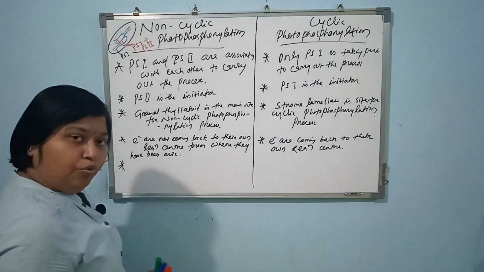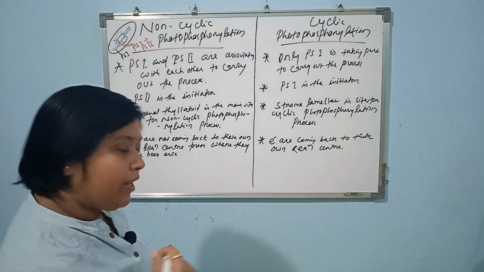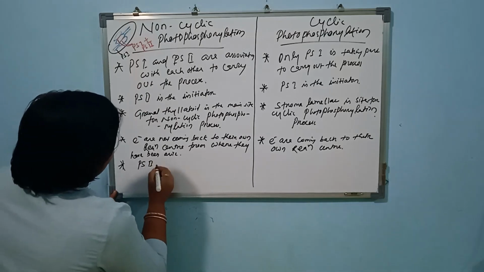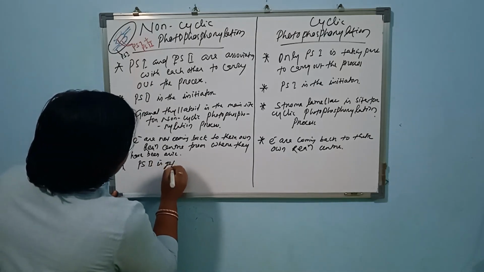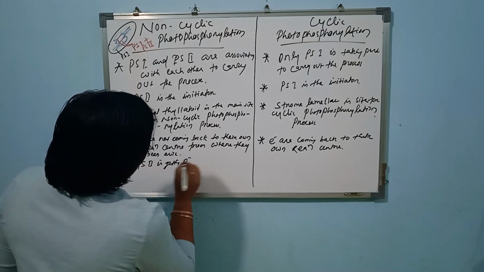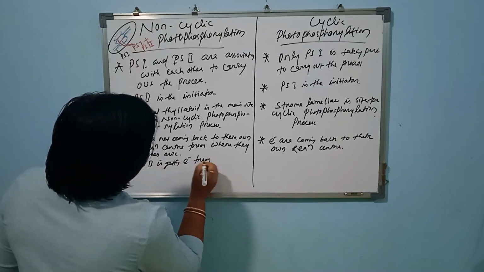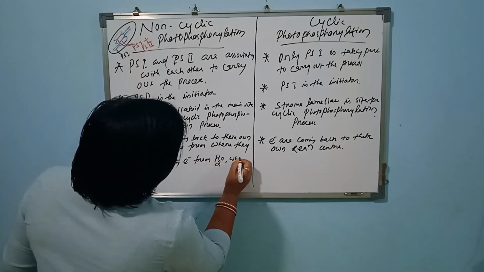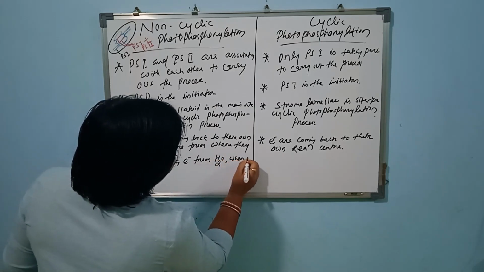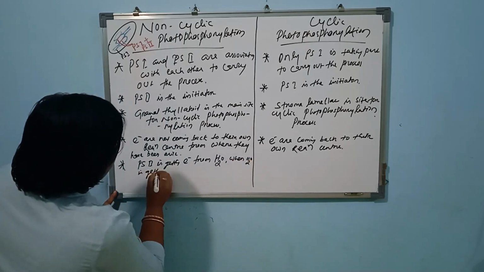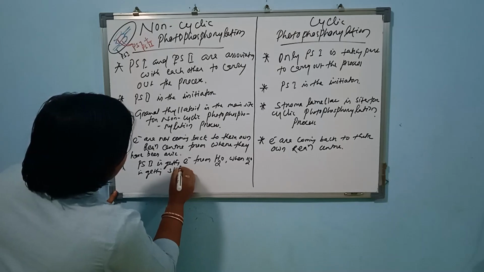Pigment system 2 gets those electrons from water, or you can say absorbs electrons from water, when water is getting split in the chloroplast.